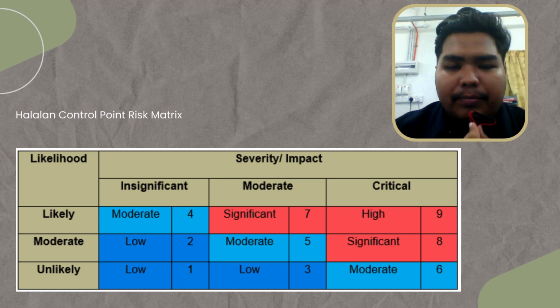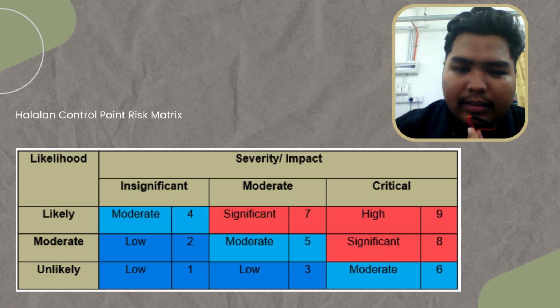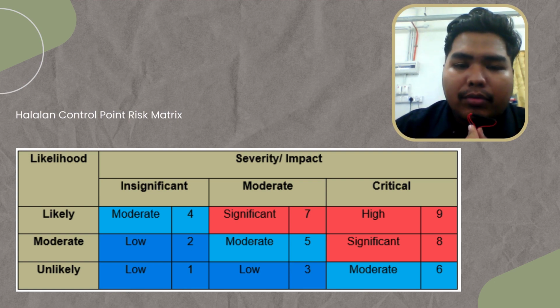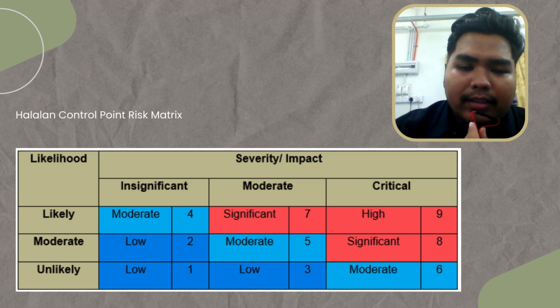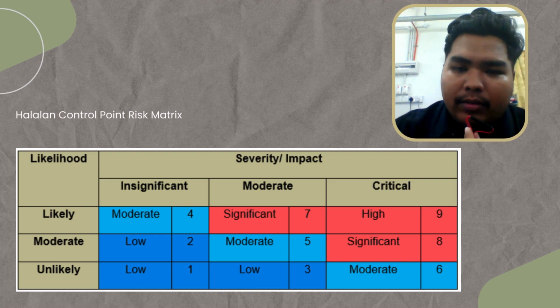So it's not HCP. Okay, to determine HCP or not, the mark has to be 7 or more, which is 7, 8, and 9, which is determined to be HCP. If the mark is lower than 7, it will not be HCP.